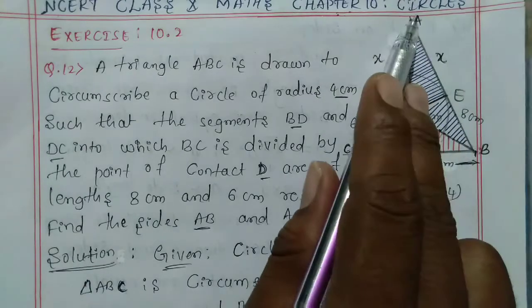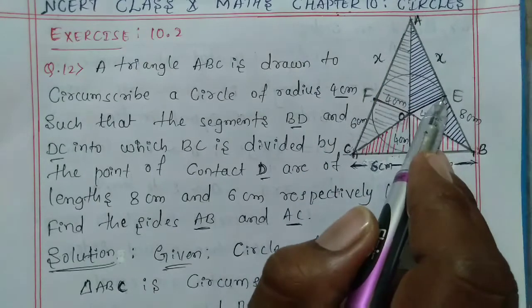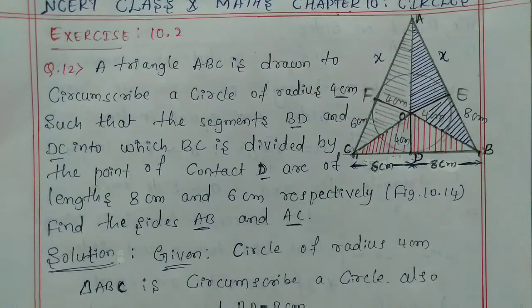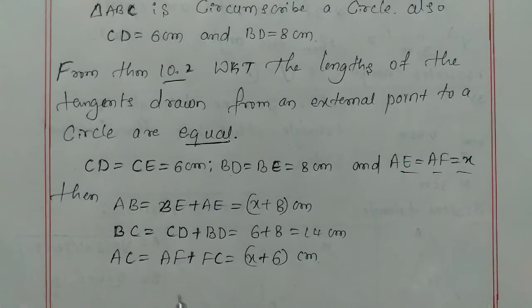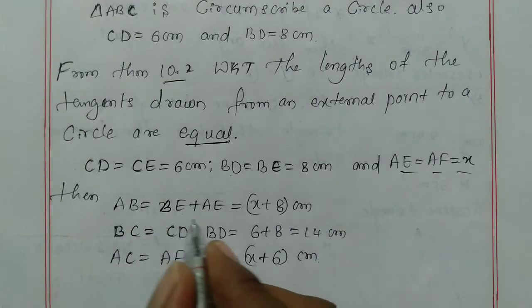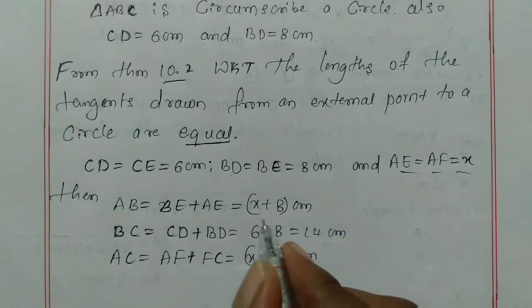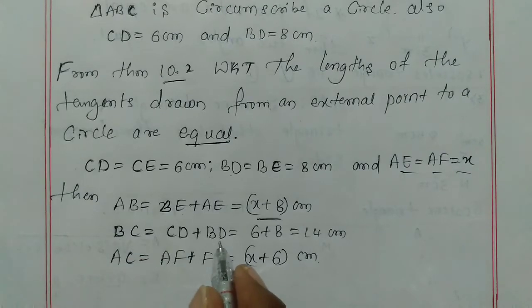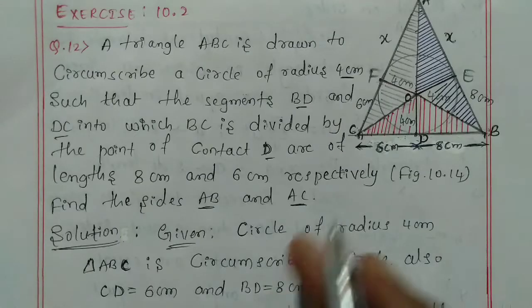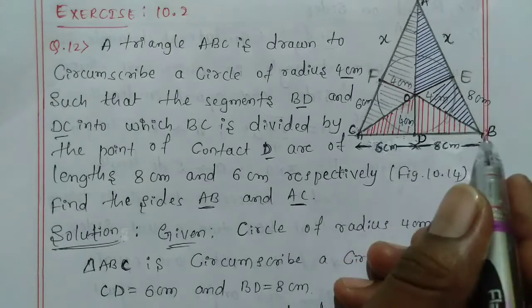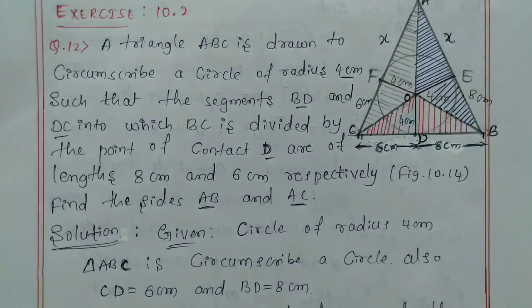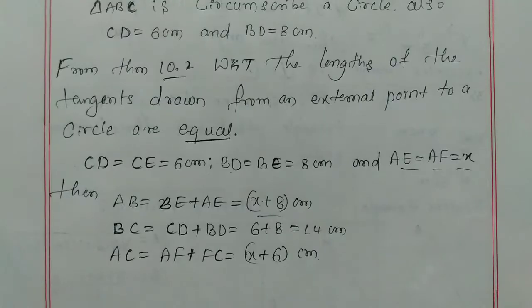Because AB means AE plus BE, which equals x plus 8 centimeter. And BC length is CD plus BD, because in this figure BC means CD plus BD. CD is 6, BD is 8, 6 plus 8 is 14 centimeter. So I wrote here BC equal to 14 centimeter.